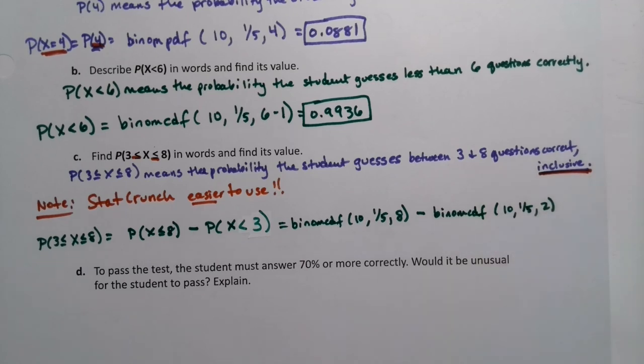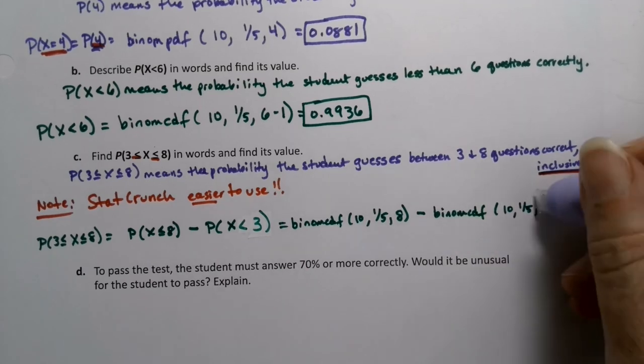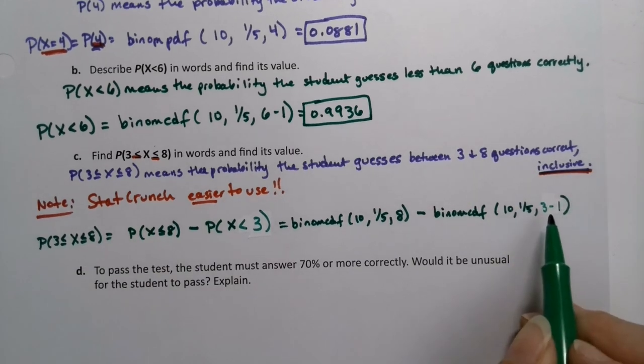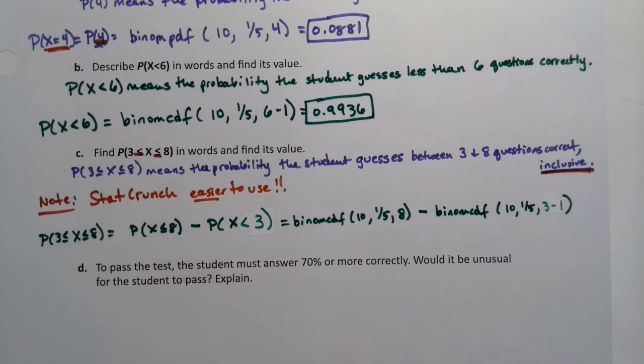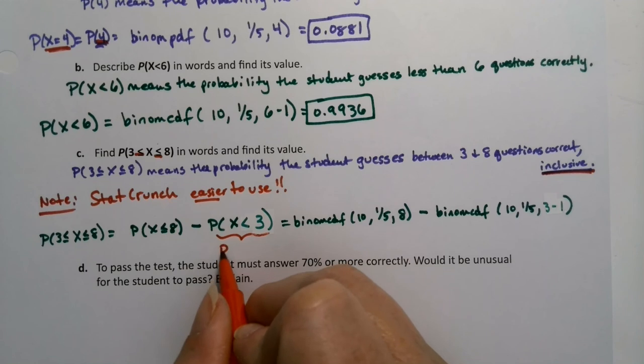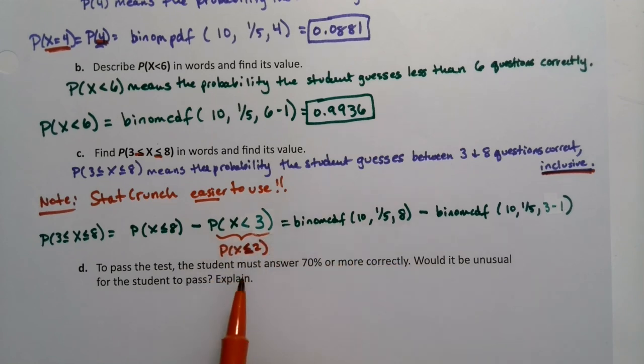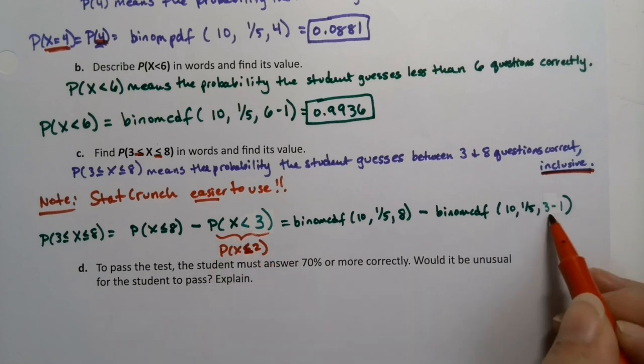It's 3 take away 1, if you will. Here, let me write it that way. I don't want it to be 3 because then I would be subtracting off the 3, and I want 3 to be included. There's an or equal to on 3. So if you like, you could write this one as x is less than or equal to 2, whichever way makes you happy, right? One way or the other. And that's why this is 2 right here.